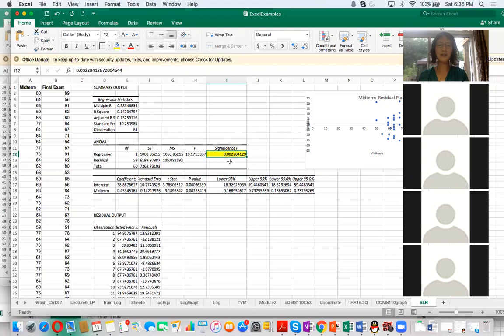So now my p-value is 0.002, smaller than 0.05. Although I didn't give you the significance level, it is assumed 0.05, or 0.01 or 0.1, okay. So there is a significant relationship between final exam and midterm. We answered that question just based on this p-value.